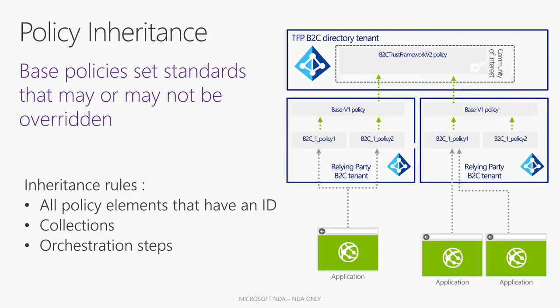Generally, the way inheritance works in the framework is that every element will have an ID. So for example, we might say that there is an identity provider that has an ID called Facebook-auth. And every time another policy says there is an identity provider with Facebook-auth, it is providing the differential from the base policy.